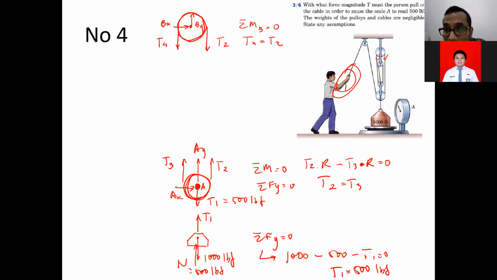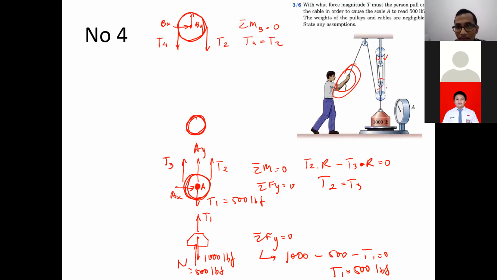Then the rope here is going to the one at the bottom, right? Now that's the next thing we're supposed to draw. This one.